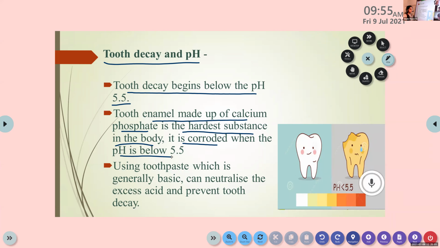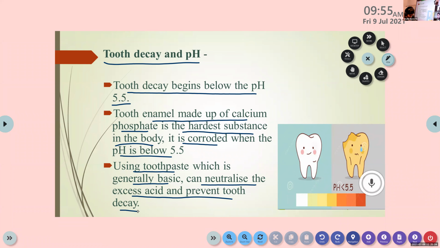To resolve this issue, we can use toothpaste, which is generally basic, and can neutralize the excess amount of acid present there and prevent tooth decay.